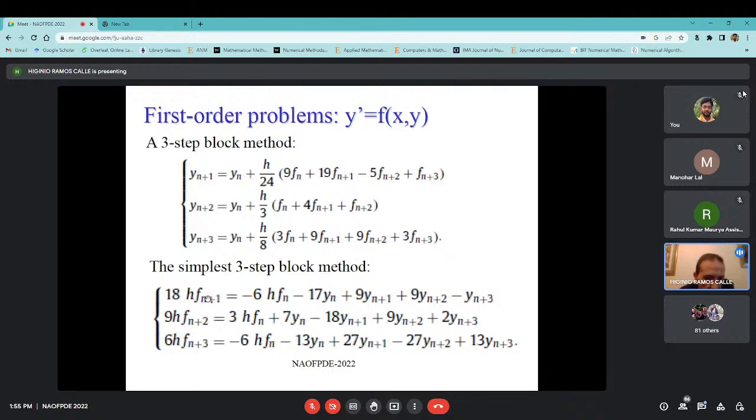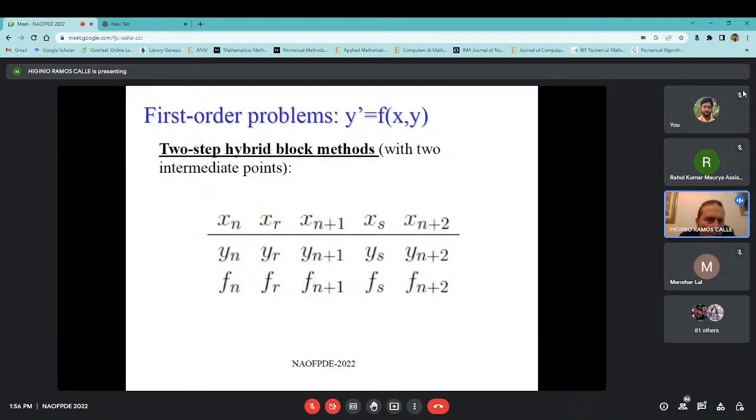So the only appearances of f, the function you have on the right-hand side of the differential equation, is on the left of these formulas. So just one time for each evaluation of the f. This means that if f is a complicated function, this is a simpler form of the system to be solved. And this results in a saving in computational time.